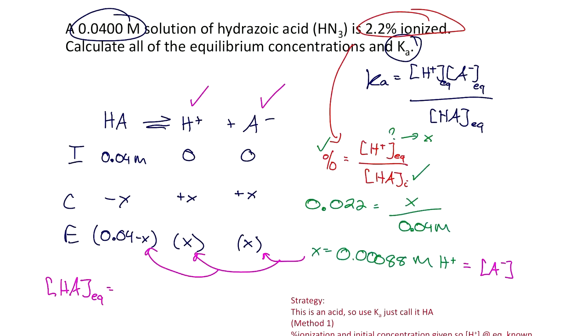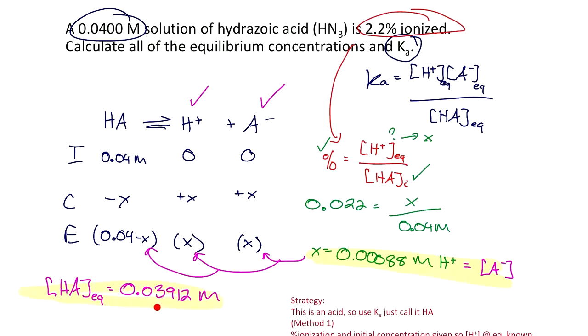So if you make an approximation here, you're just being lazy, because we know what X is, so just do the subtraction. So we see that 0.04 minus 0.00088, we get that the concentration of HA is 0.03912 molarity. So there are all our equilibrium concentrations. So see, it did change a little bit.